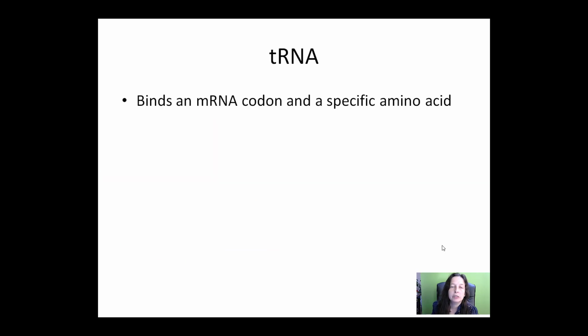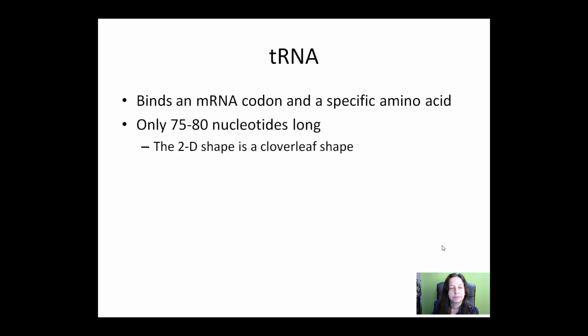So what is tRNA, or transfer RNA? Think of it as a translator from the language of mRNA, or from the language of nucleic acids, to the language of amino acids. So tRNA is the middleman. It binds to the specific mRNA codon using its anticodon domain and brings in the appropriate amino acid.